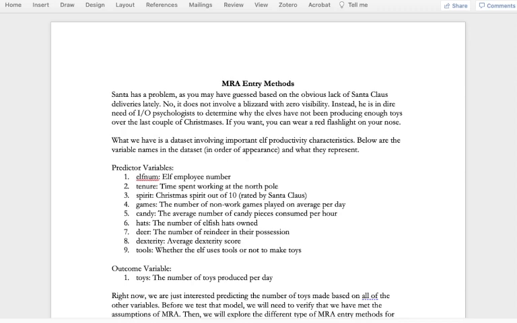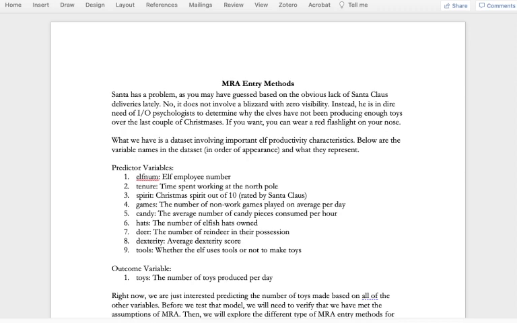We only really looked at influential observations in last week's lab. Now we're going to look at all of the rest of those assumptions, and we're also going to take a look at different entry methods for the regression. So there's a lot to cover for today, so let's get to it.